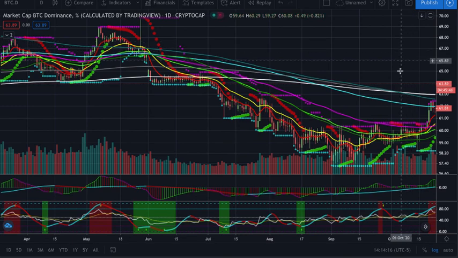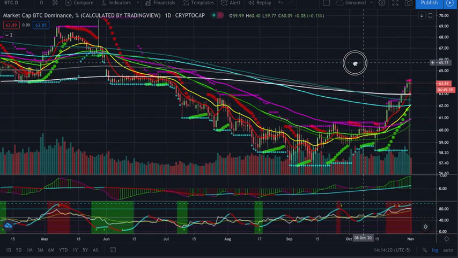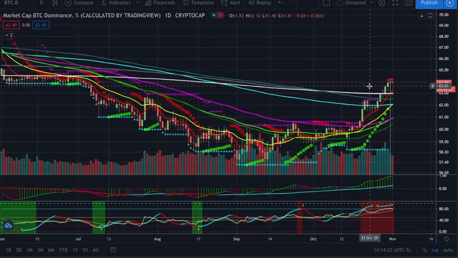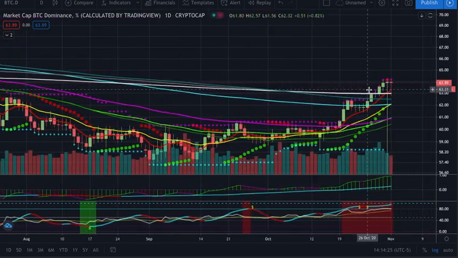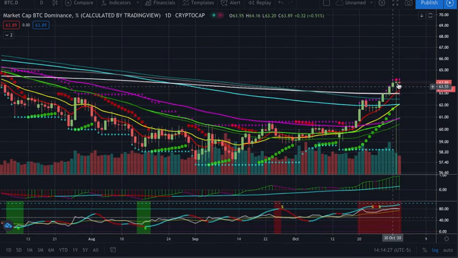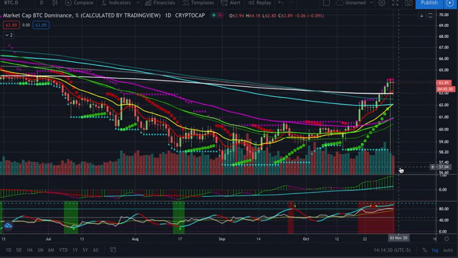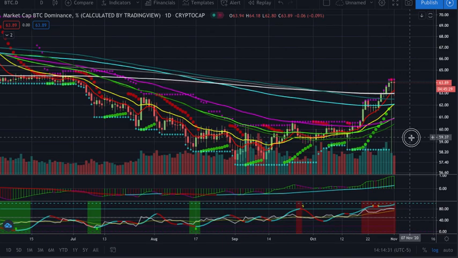So we can turn off the auto, keep that off the screen, and then move it back over here, and it won't throw off the whole chart as badly. But essentially that wick was like 20% on Bitcoin dominance.